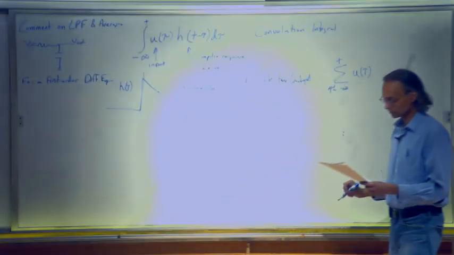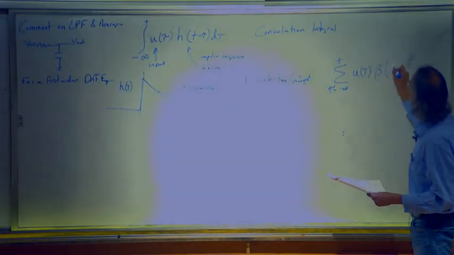What's the discrete time counterpart of this? You basically take a sum, and you just do everything with a sum. I could put an h here, but let me just capture something that looks like this. For the specific discrete time counterpart of this, you get something that looks like this.